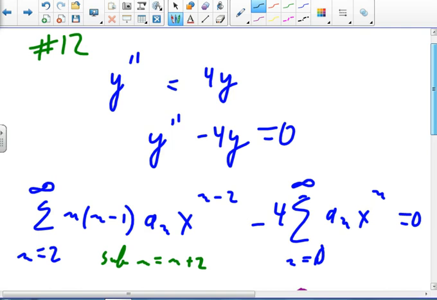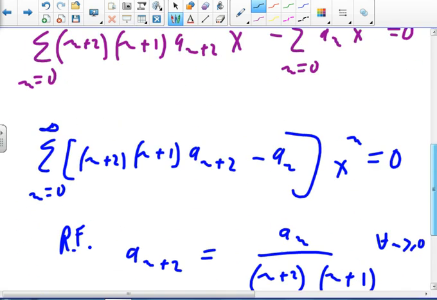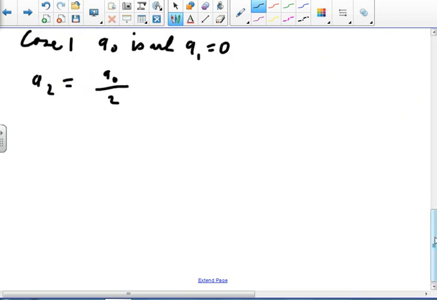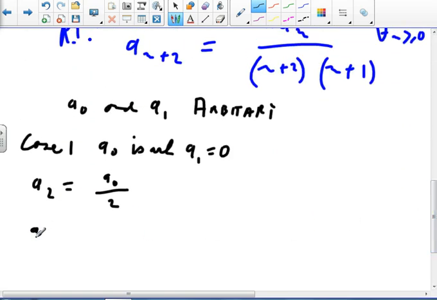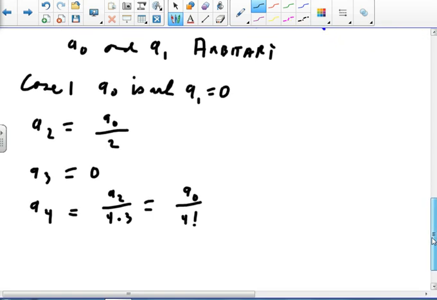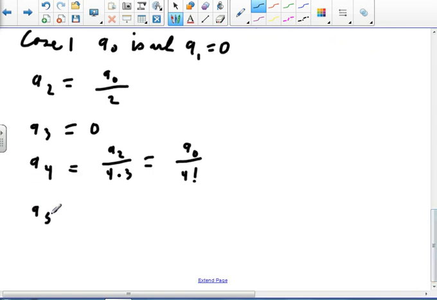I'm just checking to see if I made a mistake. All right, a3 is 0. a4 is a2 over 4 times 3, which is going to be a0 over 4 factorial. a5 is going to be 0. a6 is going to be a0 over 6 factorial.